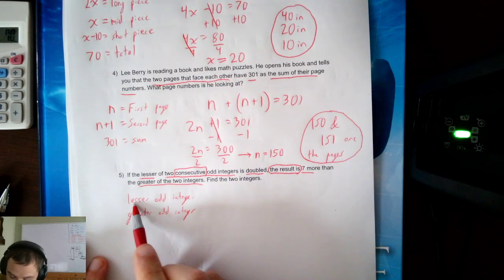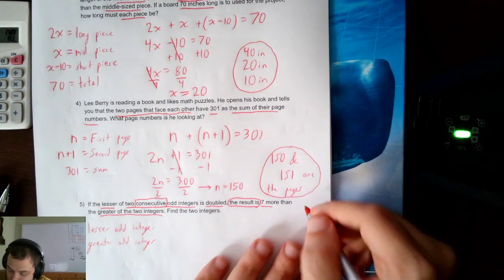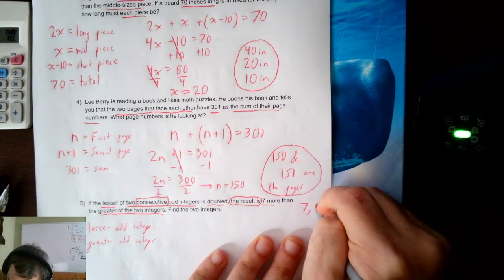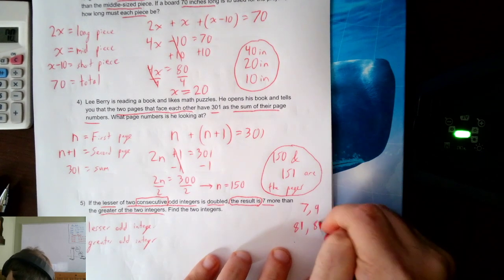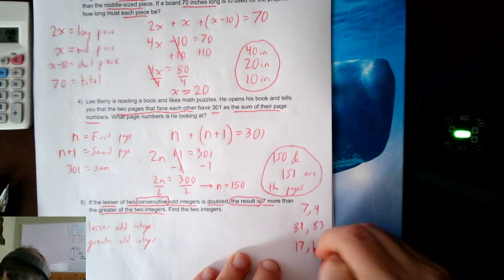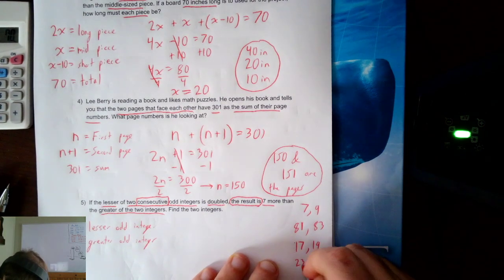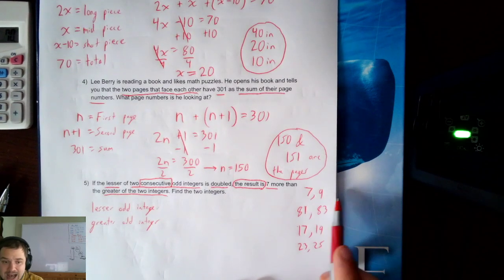Let's write some examples of consecutive odd integers. Let's see, 7 and 9, 81 and 83, 17 and 19, 23 and 25. Those are back-to-back odd numbers.